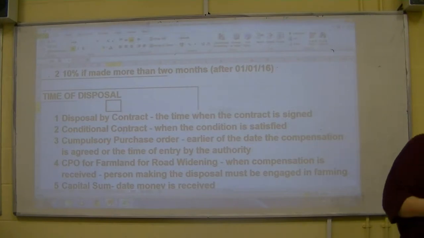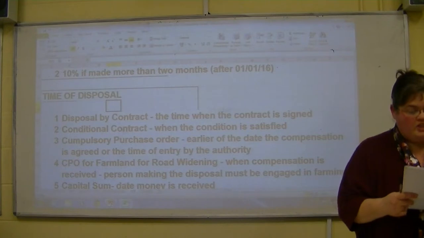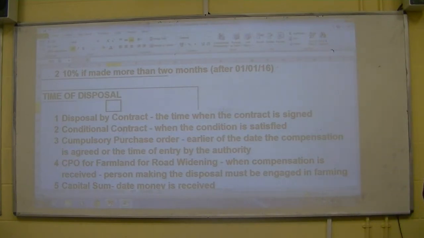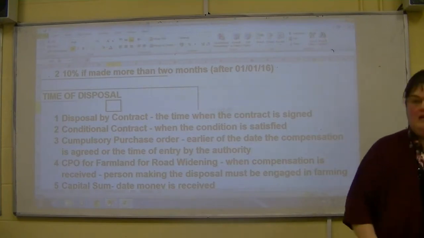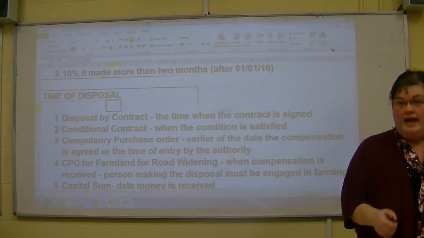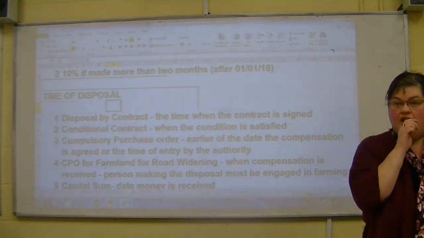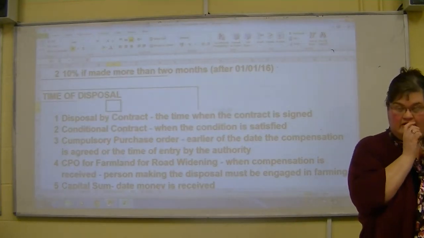So how's she supposed to pay it if she hasn't got the money yet? Well, she got it in July 14. But she has until the 15th of December to pay it. If you agree in December and didn't get the money until February or March, you're still supposed to come up with the money. It can happen quite easily.